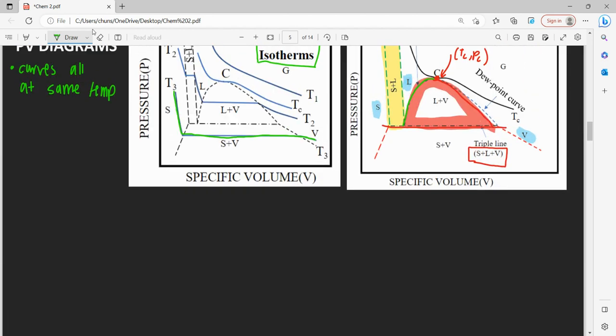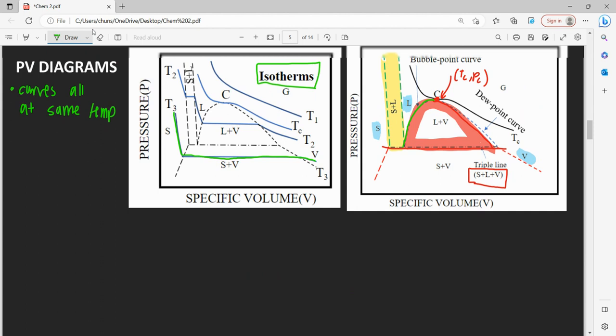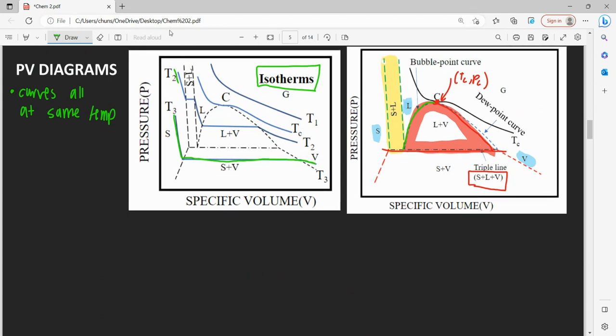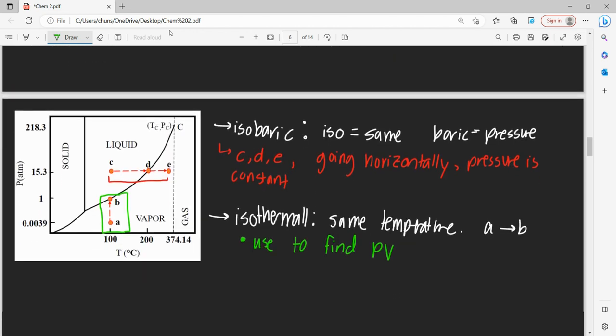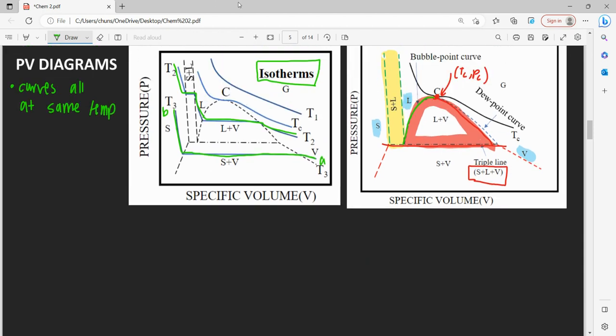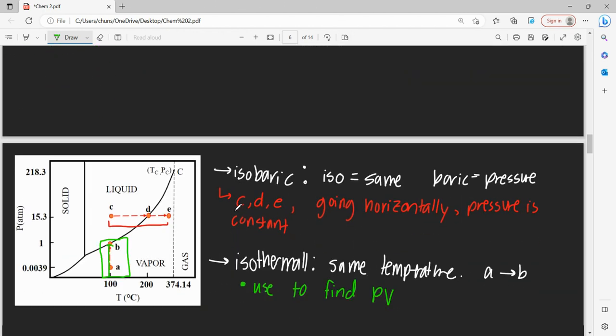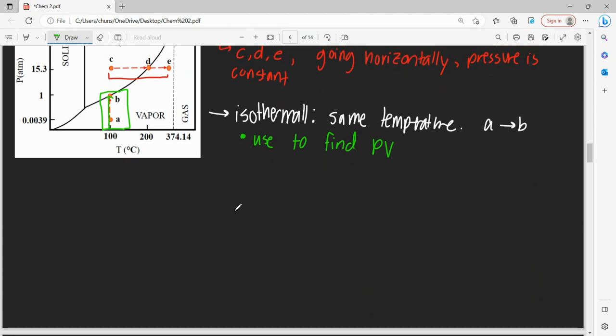If we go back up to look at this diagram, we knew that these curves in green are called isotherms, right? So basically, the process that you see here is like saying going from A to B, right? So the same line that we follow straight up in a PT diagram becomes an isotherm in our PV diagram, because we're isothermally increasing. So it's used to find PV diagrams.